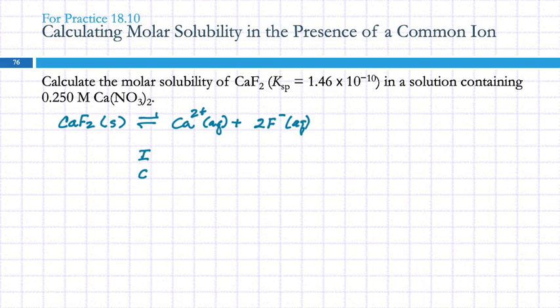Now, when we make our ice table, what's the initial concentration of calcium ion? It's 0.250. And you have to be a little bit careful, because if we were looking at nitrate, there's 2 of them, and it'd be twice that, right? But we're looking at the calcium. So the initial concentration is 0.250, and the initial concentration of the fluoride is 0.